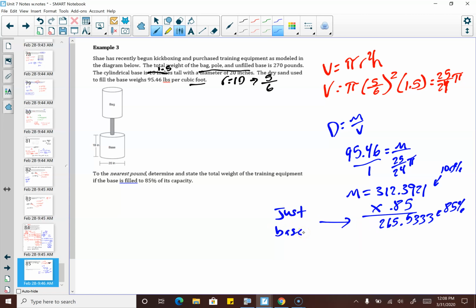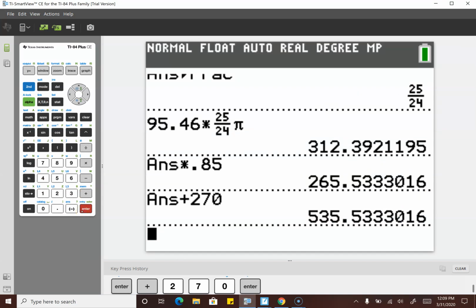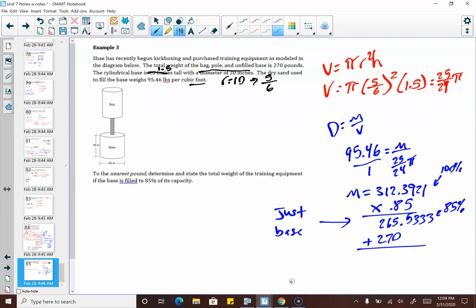They told us in the very beginning, when the base is empty, that this weighs 270 pounds. So if we want the total weight now, we have to take that number and add the original weight before any sand was added. So plus 270 gives us 535.5, and it says to the nearest pound.